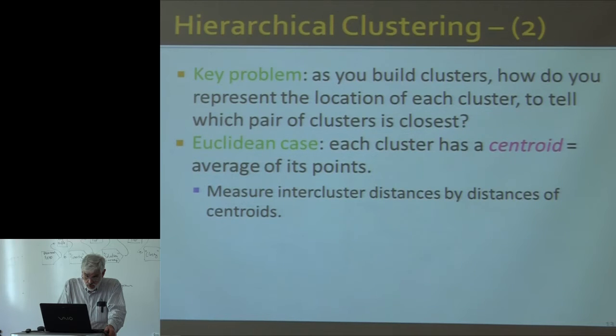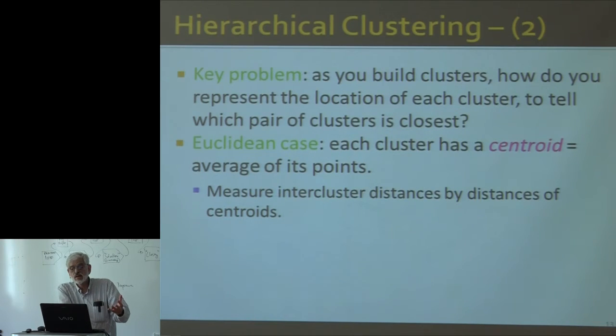Okay, so again, I start off with every point being its own cluster. So at least in the Euclidean case, you know exactly where each cluster is. Now, as you combine points into clusters, where is the cluster in the space? Assuming that there is a space, so that you can answer the question, where is it?